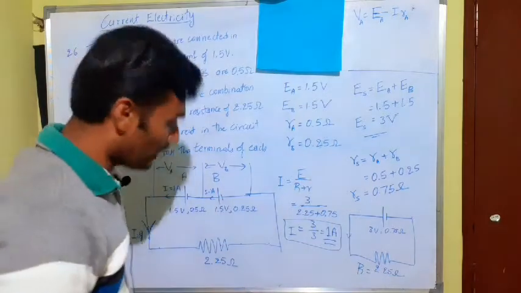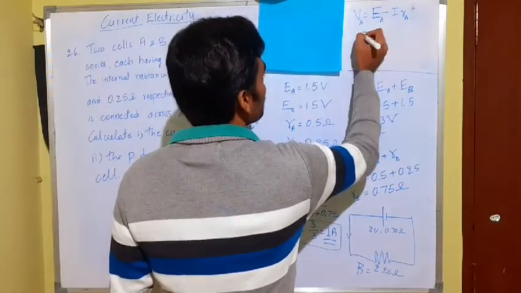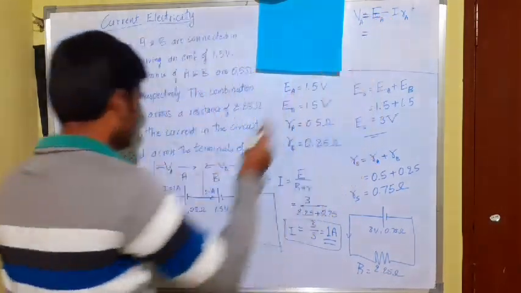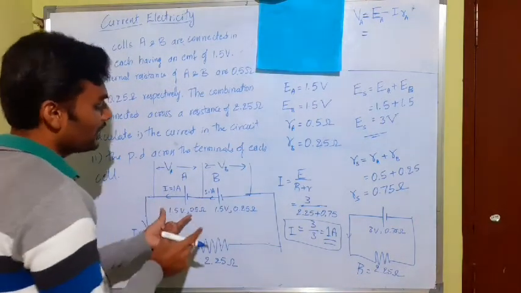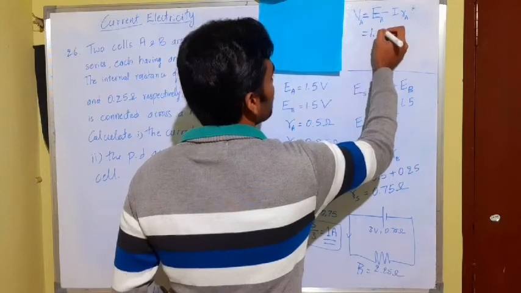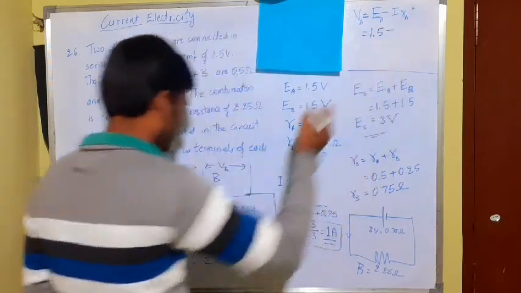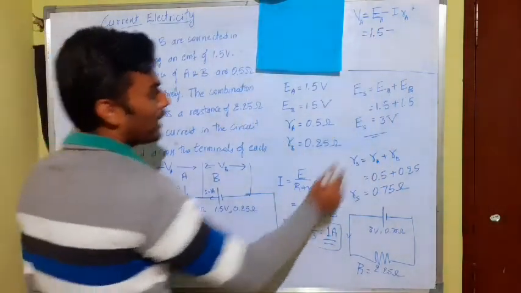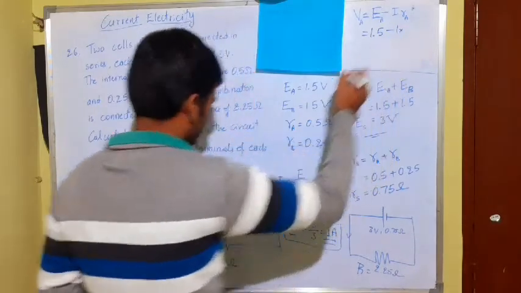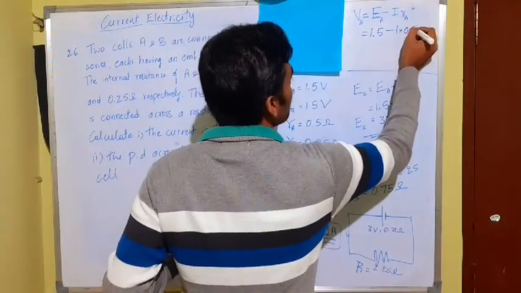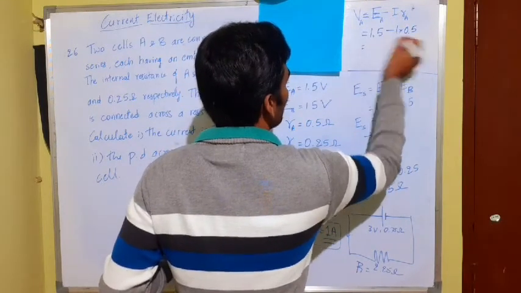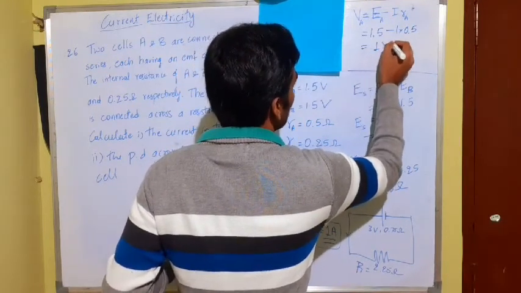Now VA is equal to EA, the EMF of cell A, which is 1.5 volt, minus the current through it, 1 ampere, into the internal resistance of cell A, 0.5. So it is 1.5 minus 0.5, which is 1 volt.